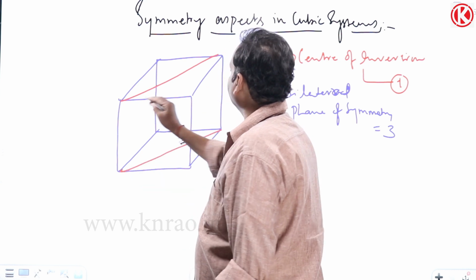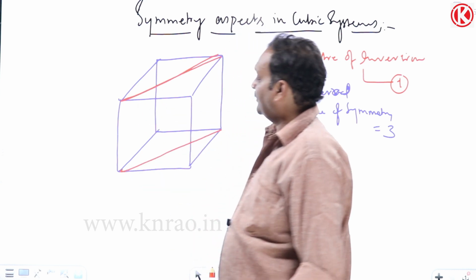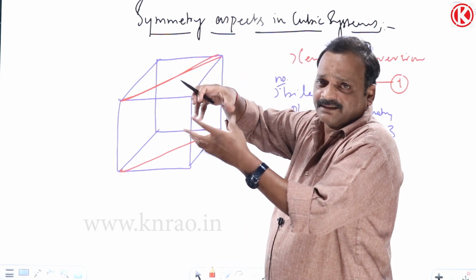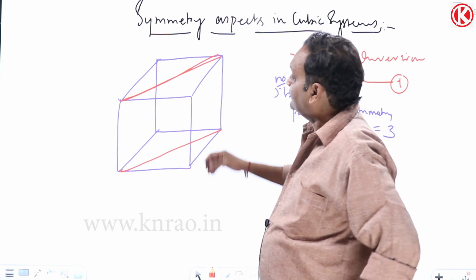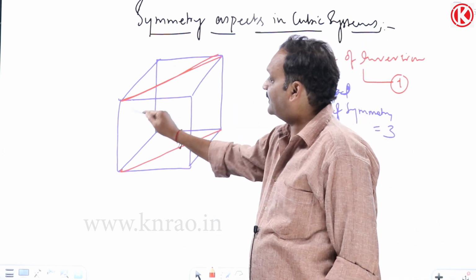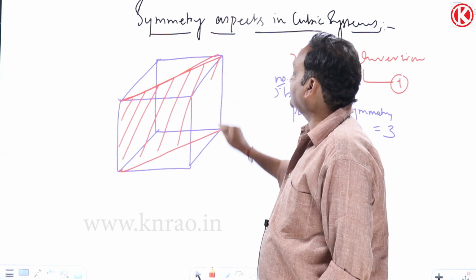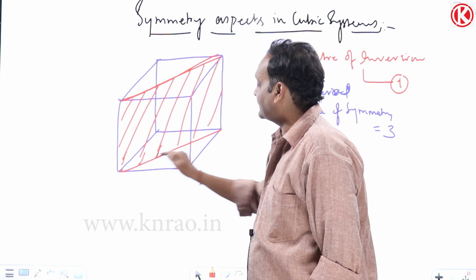Diagonally also I can cut. Only thing is that two triangular shaped parts will come, that's all. But this plane is cutting the cube into two similar identical parts.